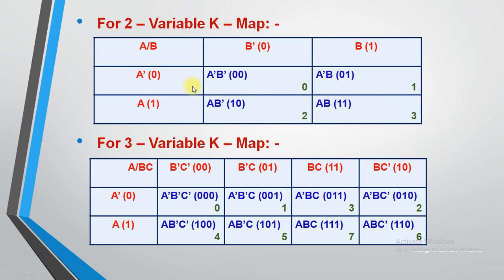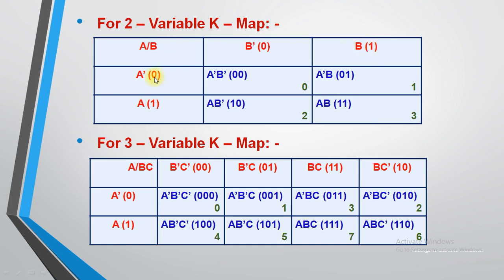Now see, in this particular line, this is a row and this is a column. The row is represented by A and the column is represented by B. That's why I have written A/B over here, because A means row and B means column.